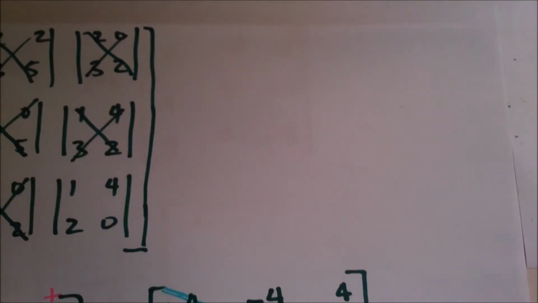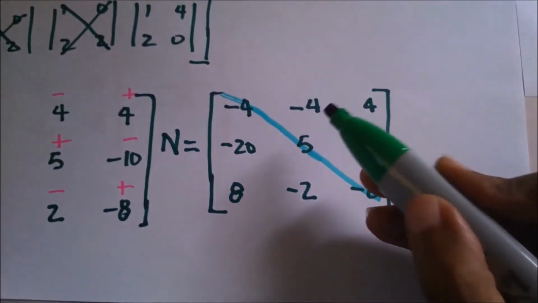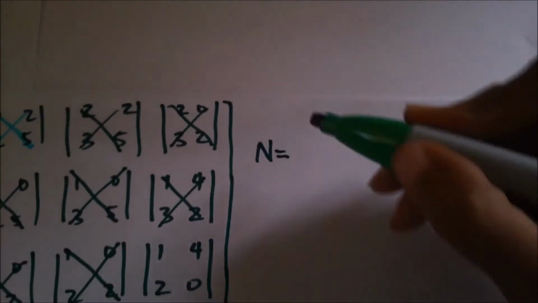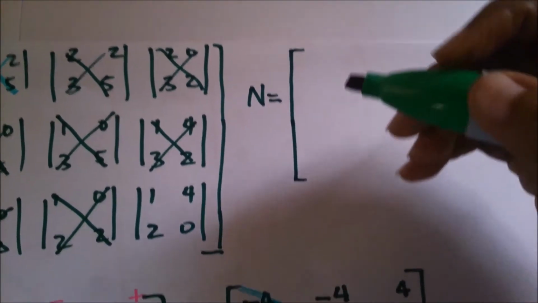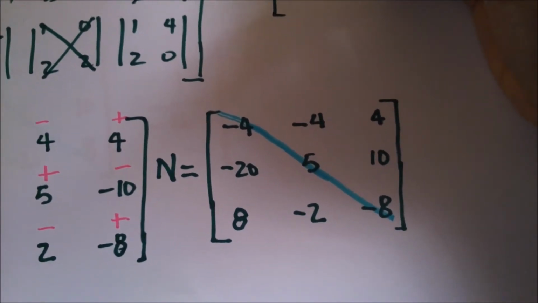So we have to write a whole new matrix box again. Now N is equal to, first we rewrite the numbers that are on the diagonal because they won't change. So on the diagonal we had negative 4, 5, and negative 8.